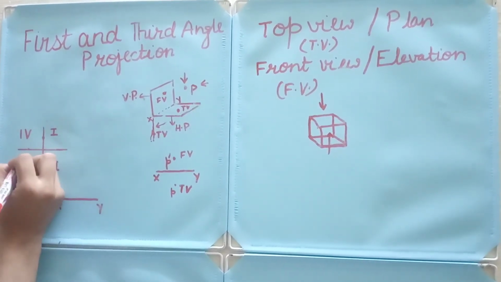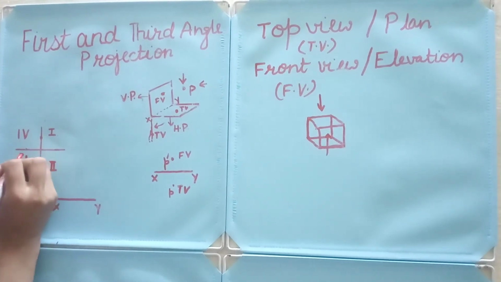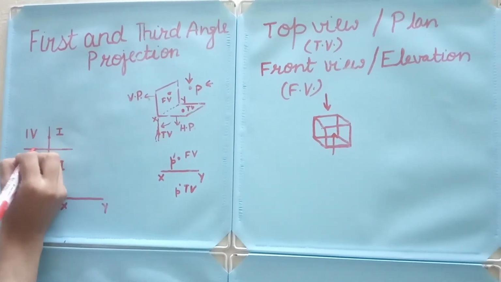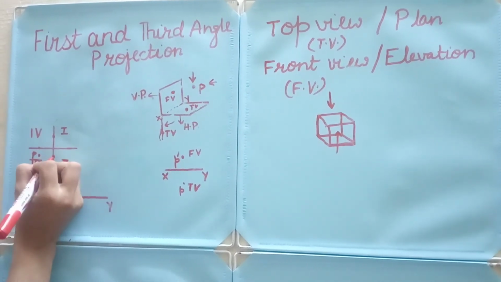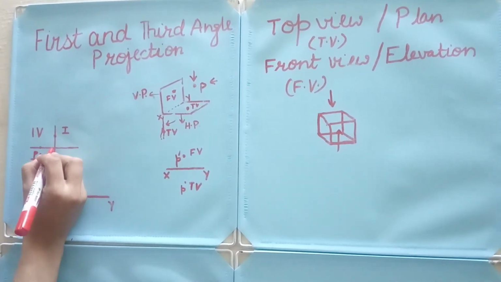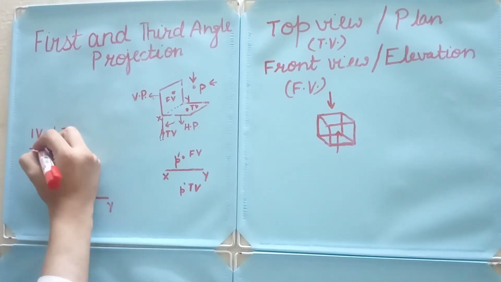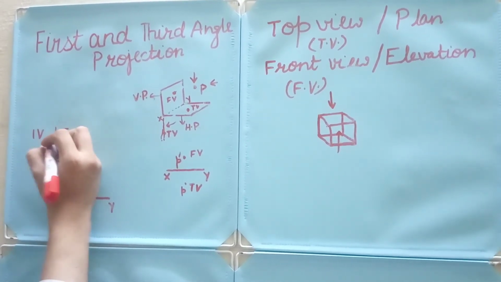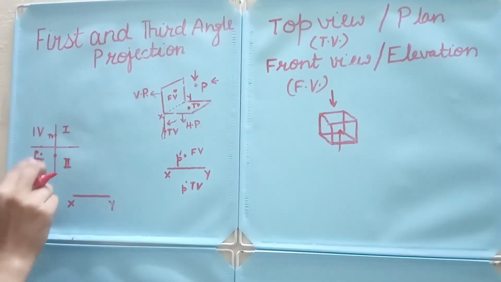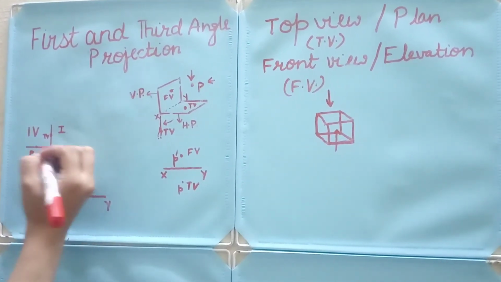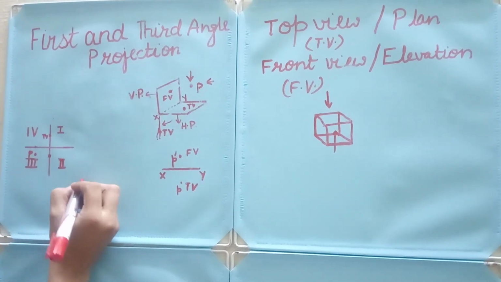Suppose we have a point P here. Its front view will be here and its top view will be here. Now when we rotate this horizontal plane by 90 degrees, the top view will come here on the upside and the front view will remain here. This is the XY line.